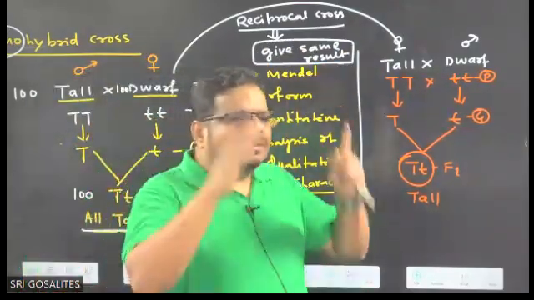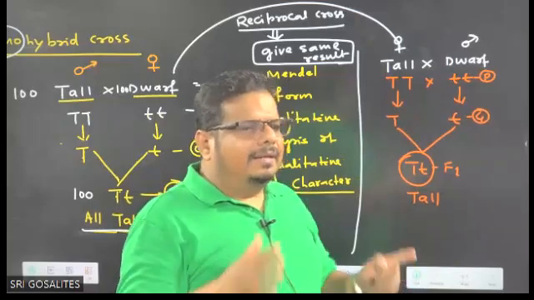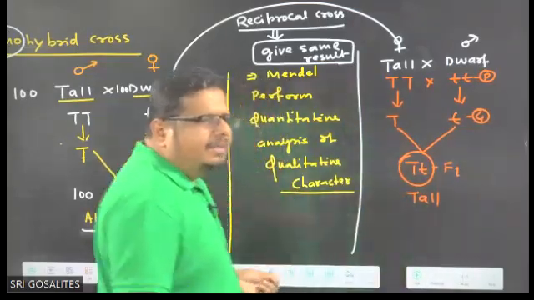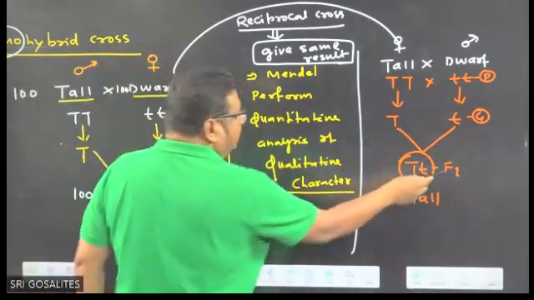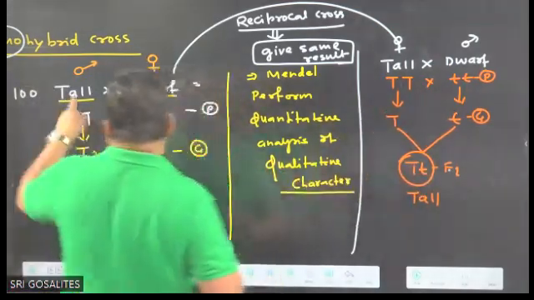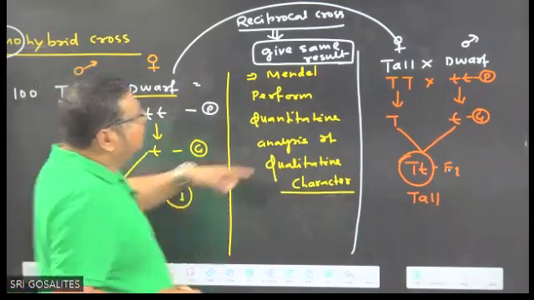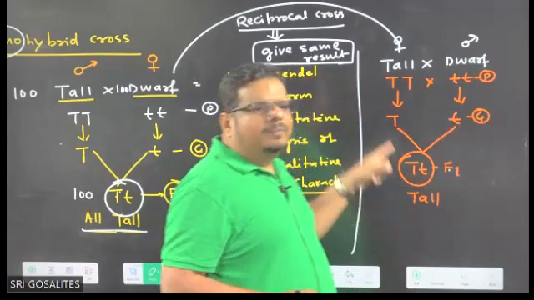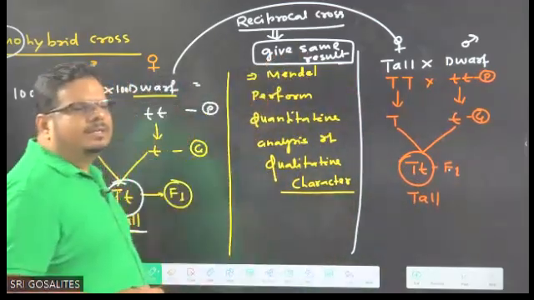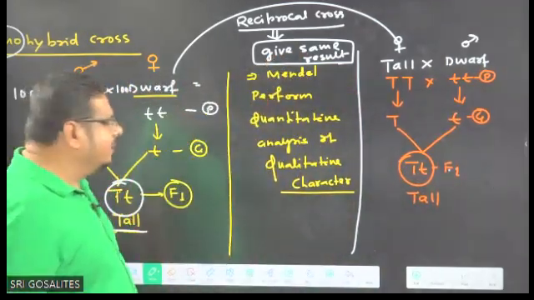In the genetics of Mendel, same result means all the progeny will be tall. In the F1 generation, when male was tall, F1 is tall. When female is tall, in that case also F1 is tall. And we just make a conclusion: reciprocal cross gives the same result.